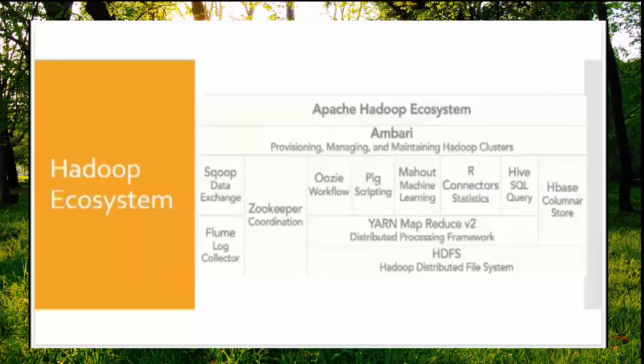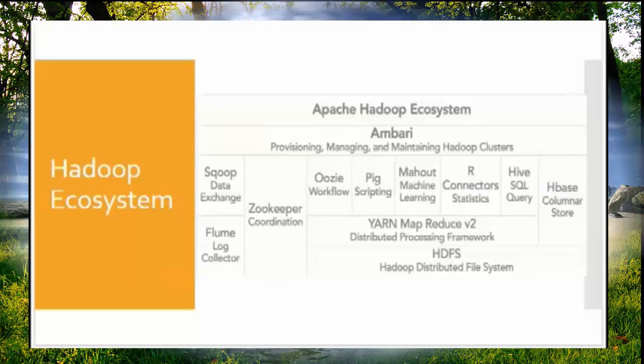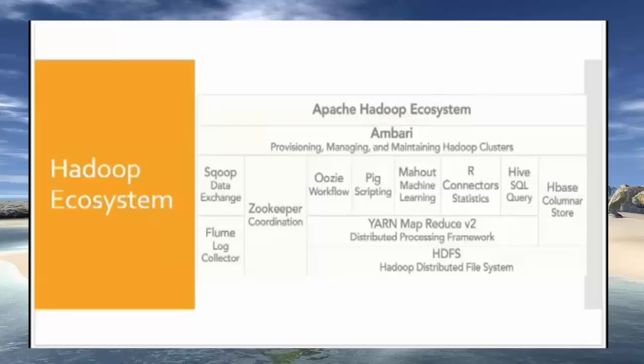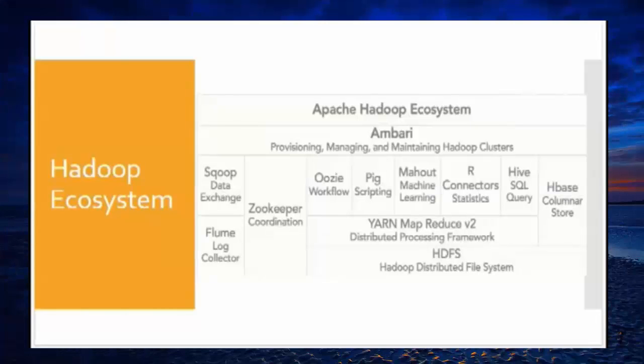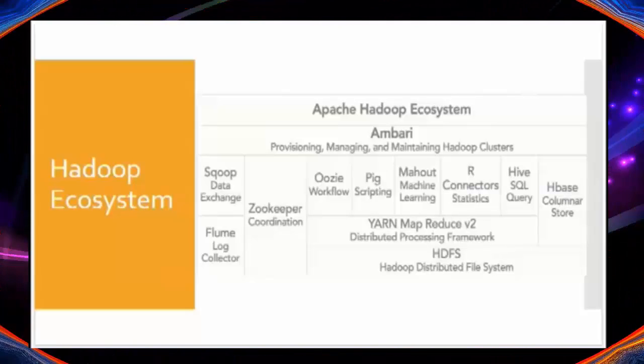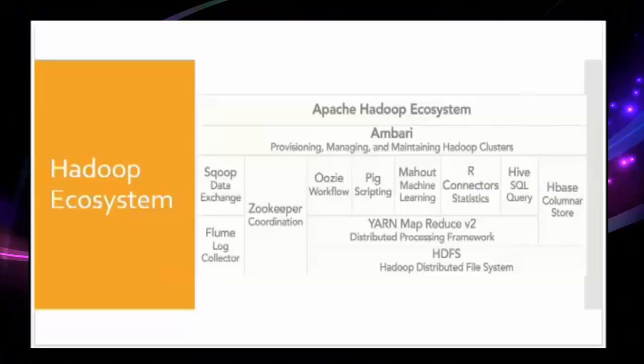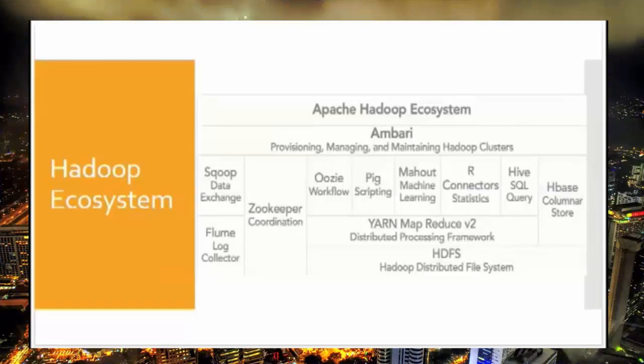Sitting on top of HDFS, the second core part of a Hadoop implementation is MapReduce. Now you'll see another new term sitting on top in this diagram, which is MapReduce version 2. This is also called YARN, and YARN stands for Yet Another Resource Navigator. And we'll be covering both MapReduce 1 and 2 in this course.